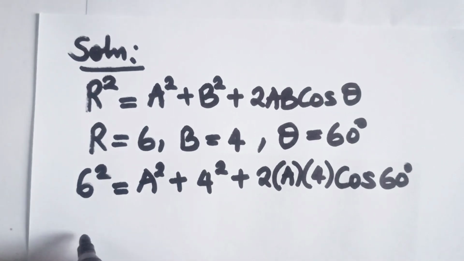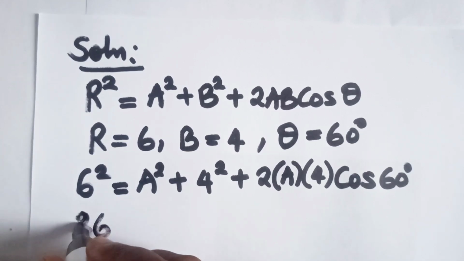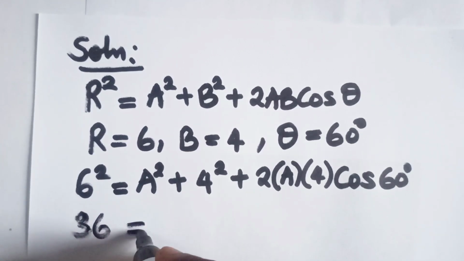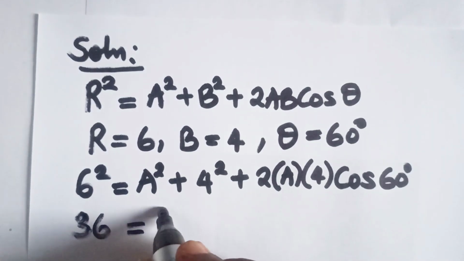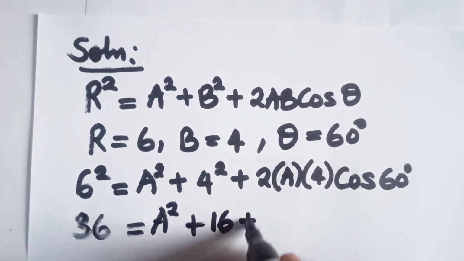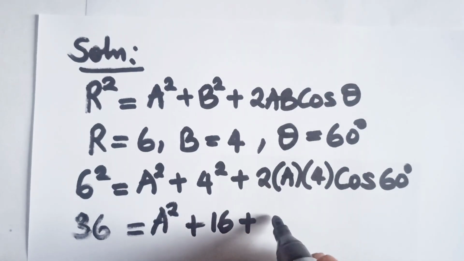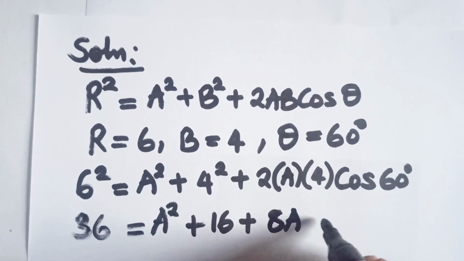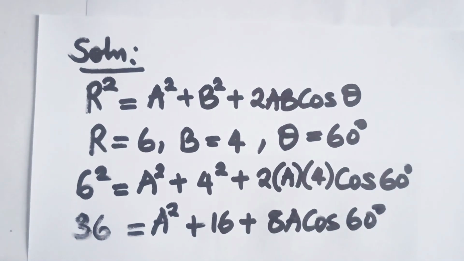So 6 squared is equal to 36. So 36 is equal to A squared plus 16 plus 2 times 4 is 8 times A. We have 8A cos 60 degrees.